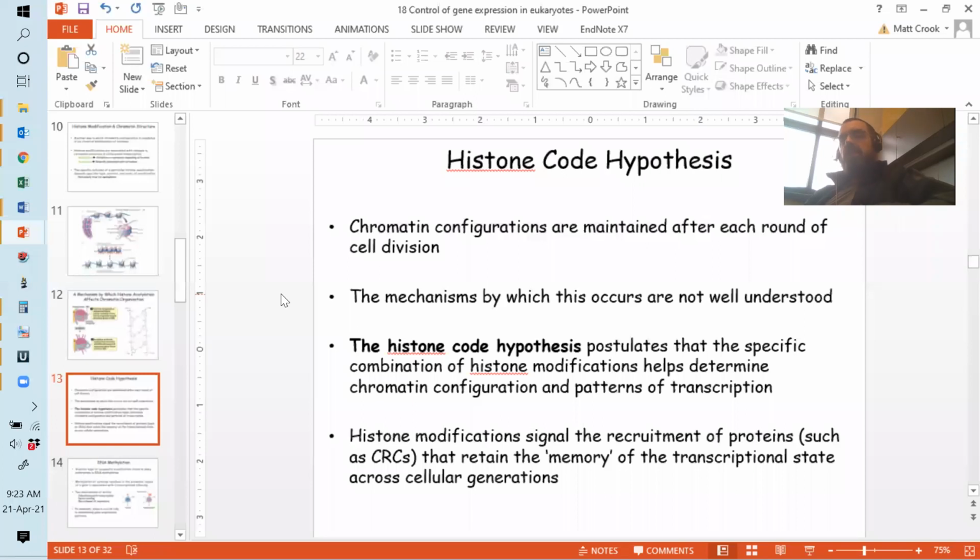And essentially, you have not just your DNA code, which determines what proteins are produced, what they look like, and where and when those proteins are produced. You also have your histone code as well, which determines which of those possibilities are accessible, right?